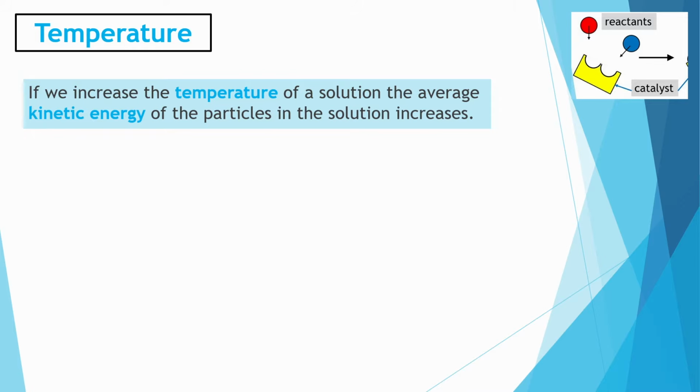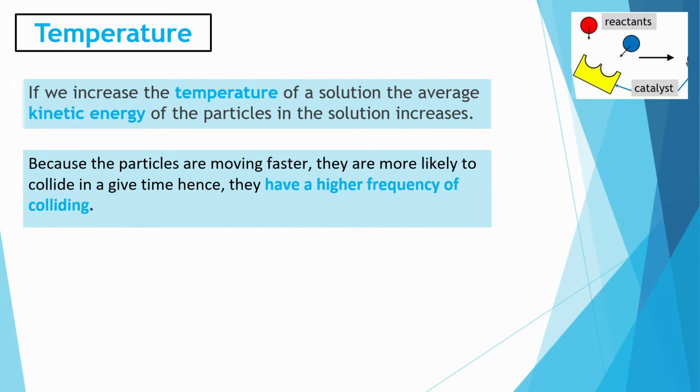If you've ever done physics, you know the equation that kinetic energy equals half the mass times the velocity squared. So if we increase the energy, we also increase the velocity. Because I increased the kinetic energy, the particles are moving faster, and because they're moving faster, they will have more frequent collisions.